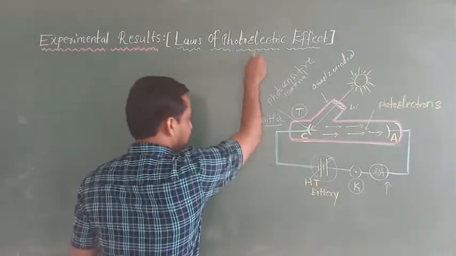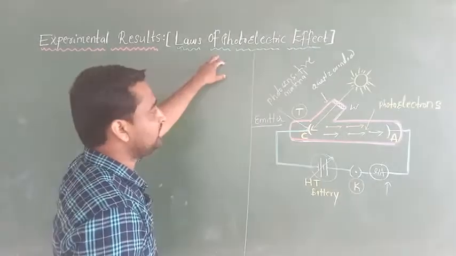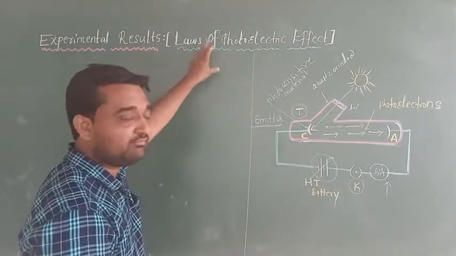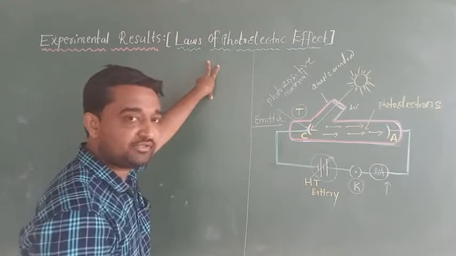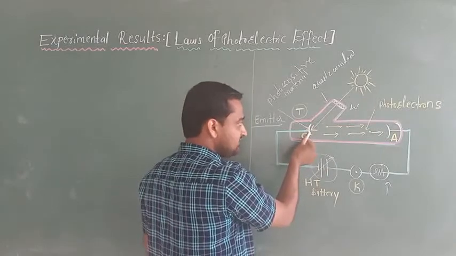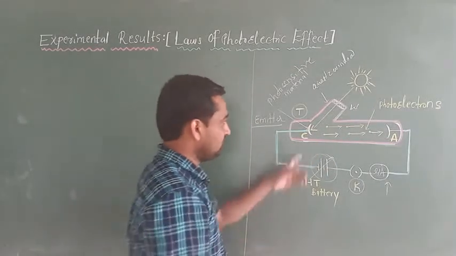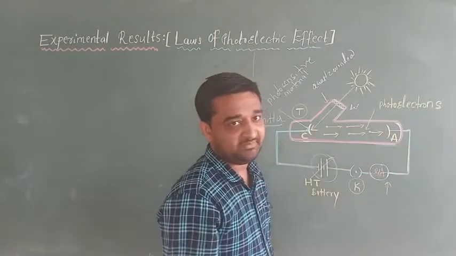This is the experimental arrangement. Now, what happens? When light radiation of suitable frequency is incident on the photosensitive material cathode, the photoelectrons are emitted.